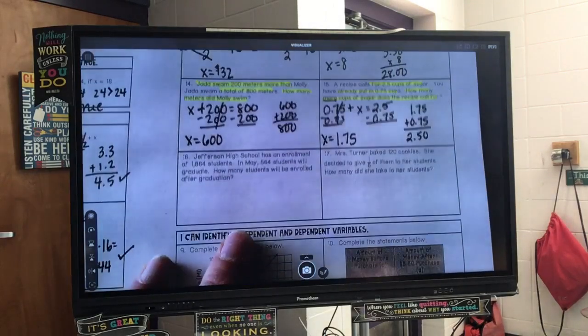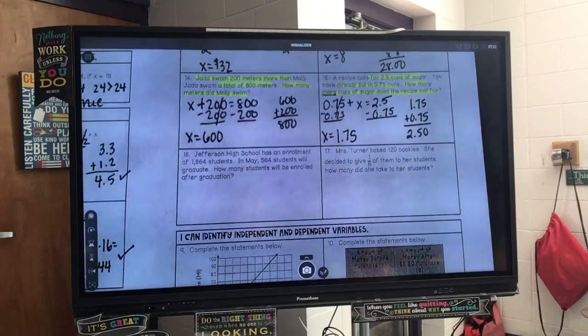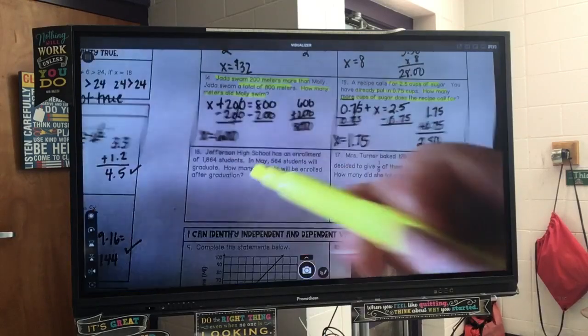Alright. How many of you guys got to 16? Okay. So, Jefferson High School has an enrollment of 1,864 students. And 564 students will graduate. How many students will be enrolled after graduation? What's the point of this question? 1,864 students. 564 students.